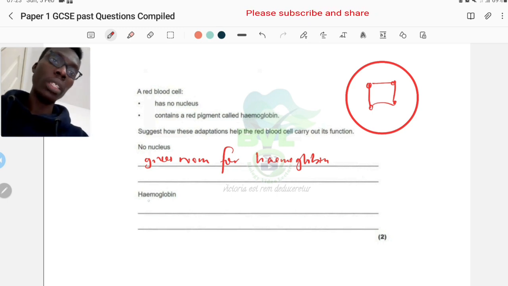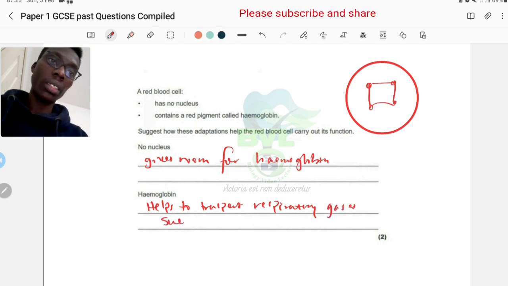And what's the function of hemoglobin? It helps to transport respiratory gases such as carbon dioxide and oxygen, and sadly also carbon monoxide.